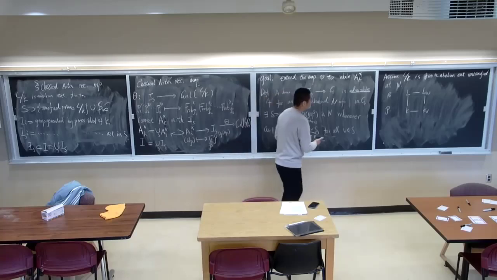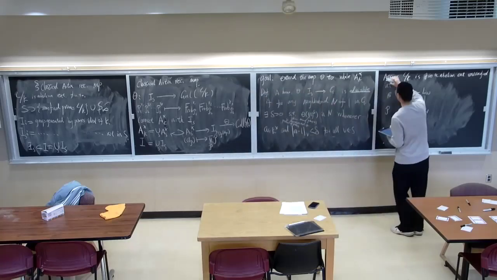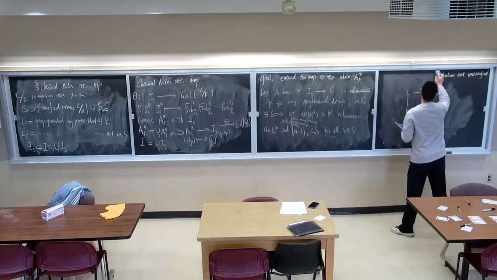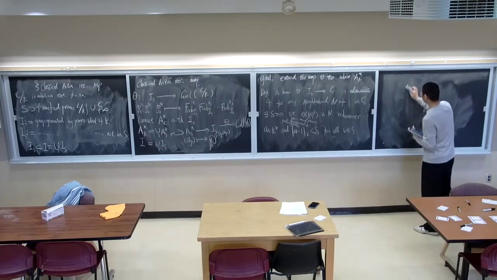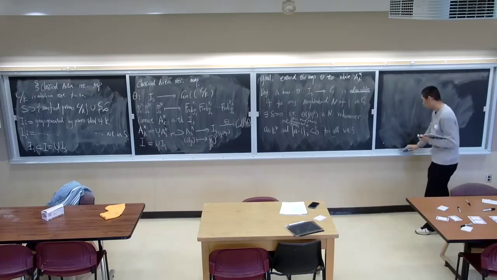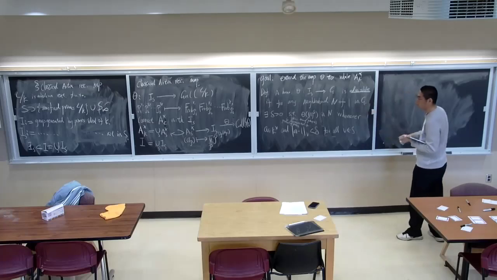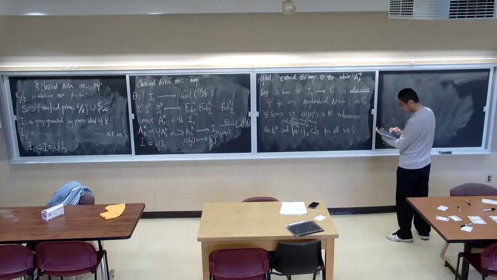So what is good about the admissible map? If you have an admissible map, then you can extend it to the whole group A_K cross.